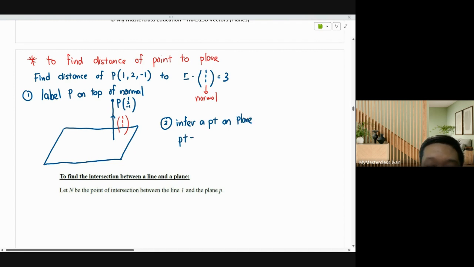So the point is equals to... Angelina, tell me what is a point that could lie on the plane. Very good. A point on the plane is called 3, 0, 0.